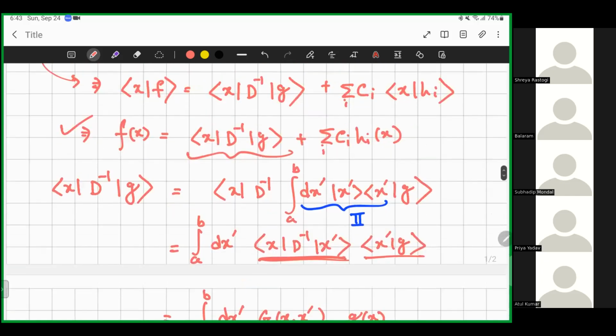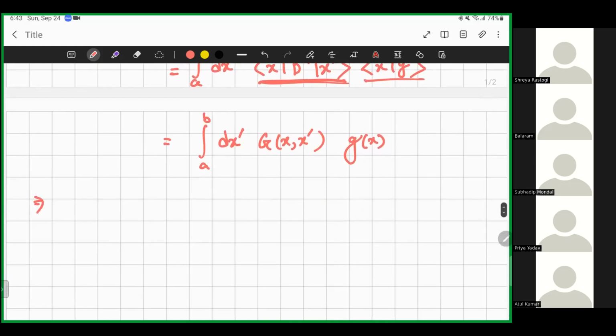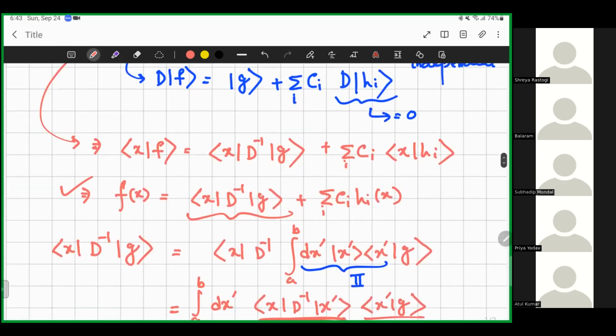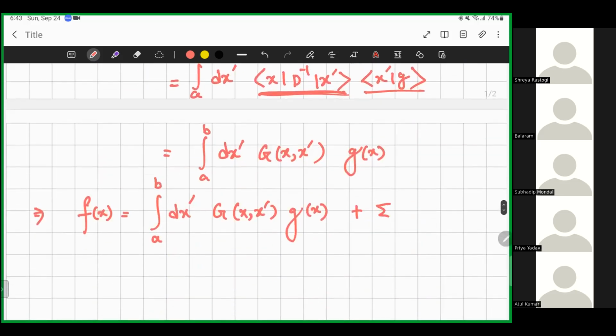So this equation will be essentially f(x) is the integration a to b dx', D inverse, and prime dx' g(x') g(x), plus this part, the summation over c, h of x.